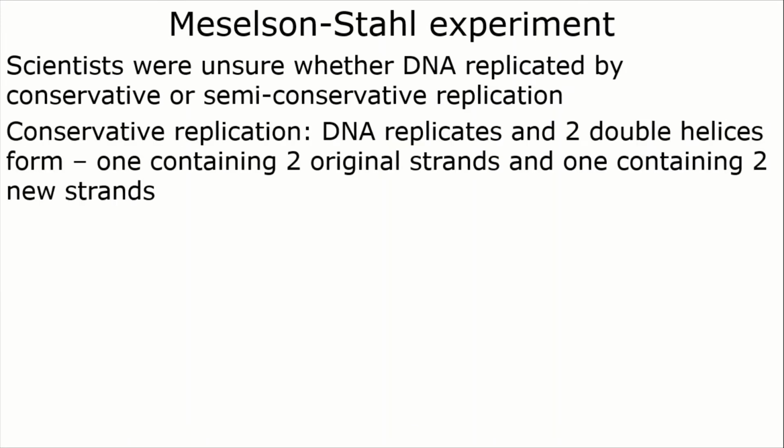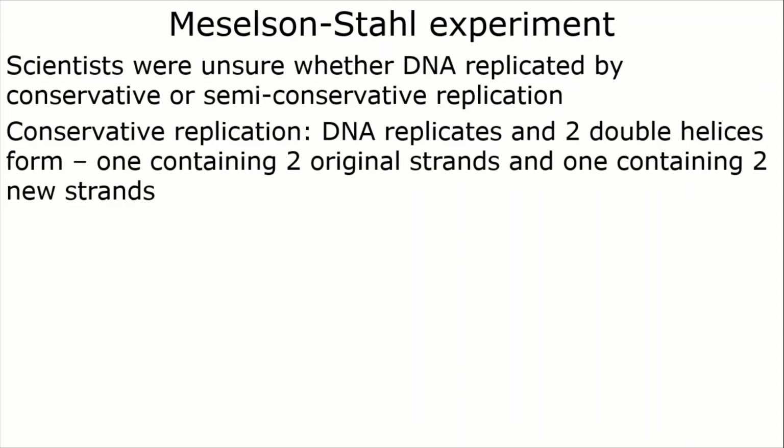So conservative replication is a process where DNA will replicate. We will get 2 new DNA molecules forming, so 2 double helices, and one of these helices will comprise the 2 original strands of DNA from our original DNA molecule, and the other helix will be made up of 2 new strands of DNA.